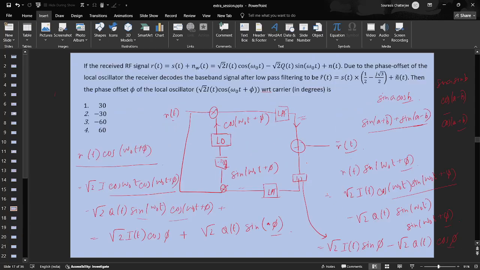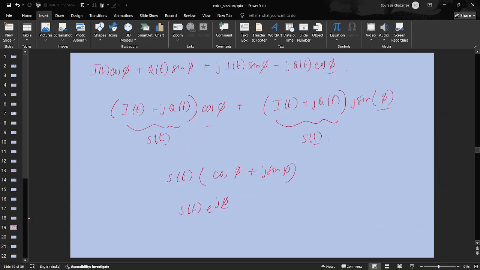If I multiply this with minus 1j, in that case it would be minus here and it would be plus. In that scenario, if I try to write it, it should be sign of minus phi here. So this becomes minus jit sin phi, and it's jqt sin phi, minus j square minus 1, another minus 1 here, cancel out.